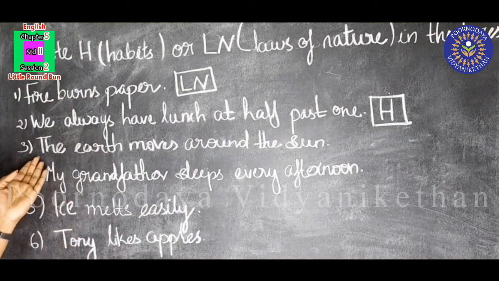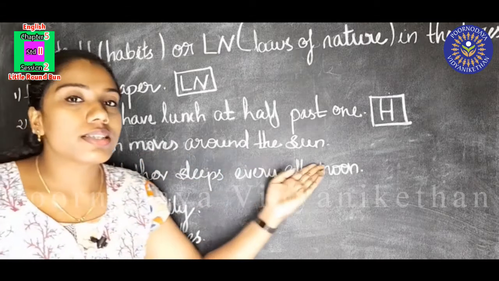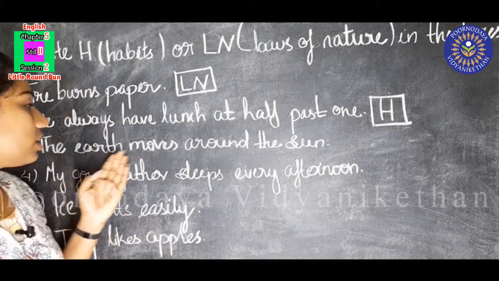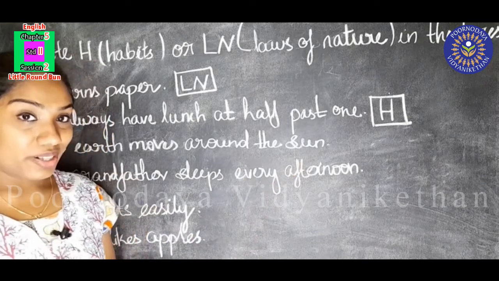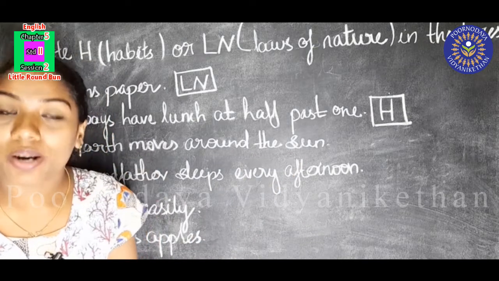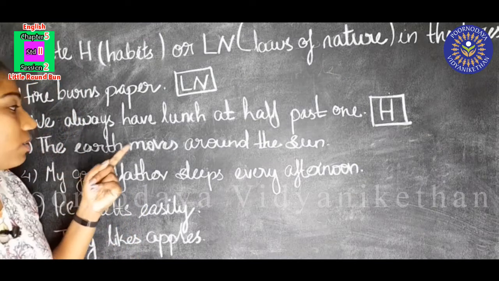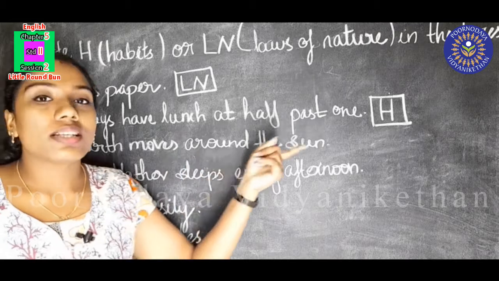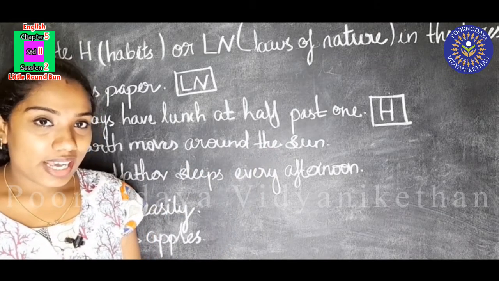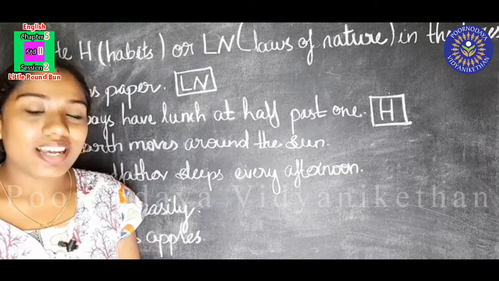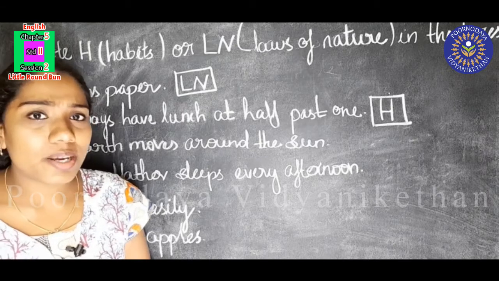Now we are going to do the third one. The earth moves around the sun. Is it a habit? No. Is it a law of nature? Yes, it is a law of nature. Can you tell me why?